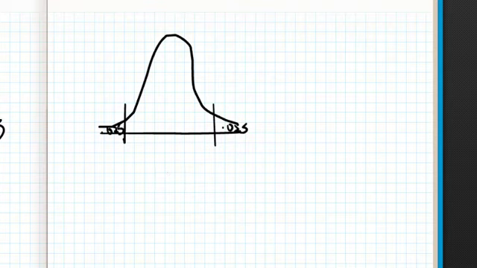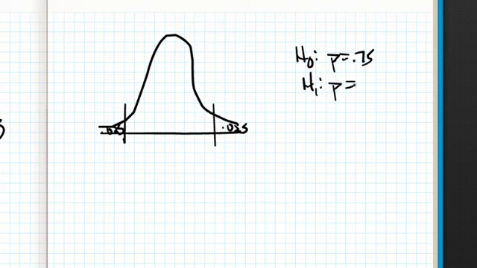Now remember, my null hypothesis was that p equals 0.75, and my alternative hypothesis was that p wasn't equal to 0.75, which means that I can miss on either side.